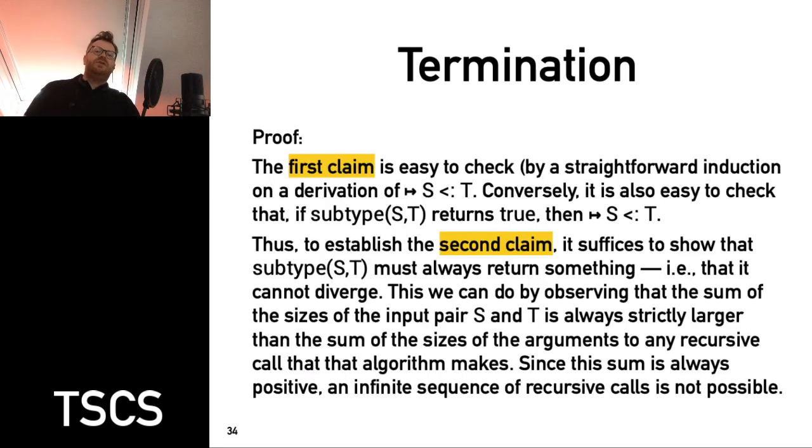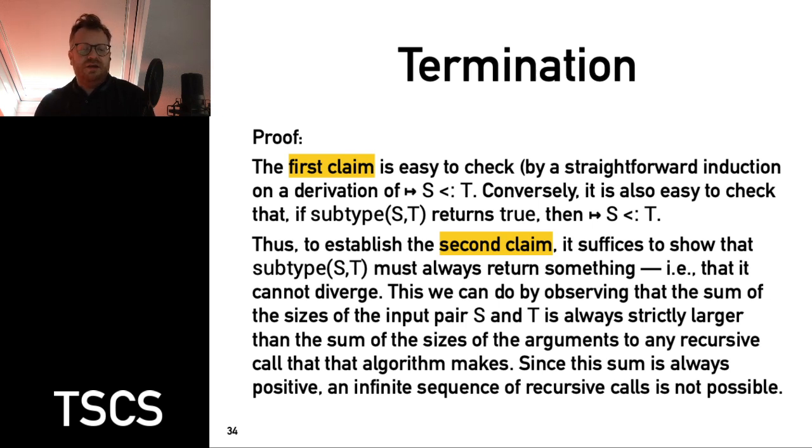But let's look into this a little bit closer. So here's the proof, or proof sketch to be true. The first claim is easy to check. You do straightforward induction on the derivation of this algorithmic subtyping relation S and T. You have already done this. You just need to go case by case through the rules and so on, and do straightforward induction, as you all know.